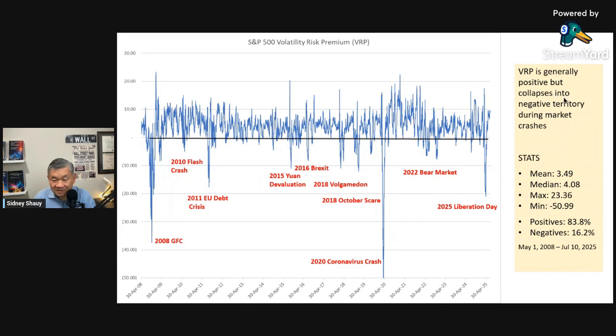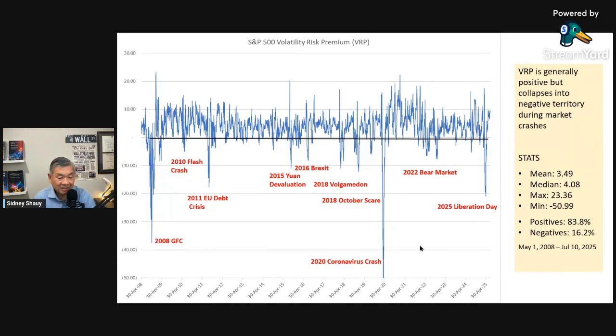But it collapses into negative territory during market crashes. So every time there's a serious market crash, and some of them we have even named here for you to know. See the coronavirus crash, it came down real quick and by a lot, but it recovered very fast as well. That's the 2022 bear market and the Liberation Day. This was recent, Liberation Day.